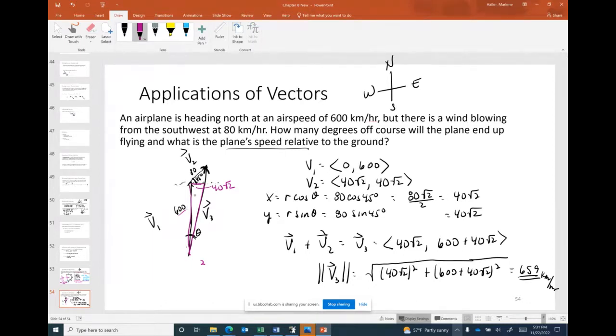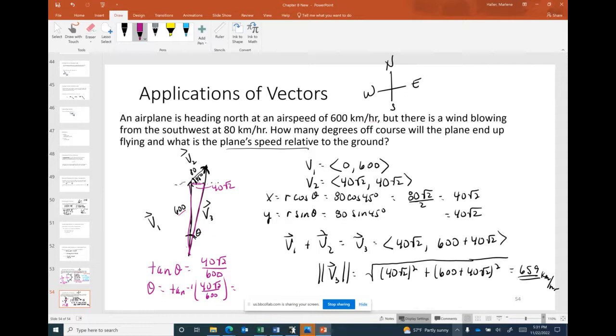So we have a leg and a leg, so we're going to use tangent, right? The tangent of theta is the opposite over adjacent. So that'd be 40 square roots of 2 over 600. So theta is the inverse tangent of 40 square roots of 2 over 600.